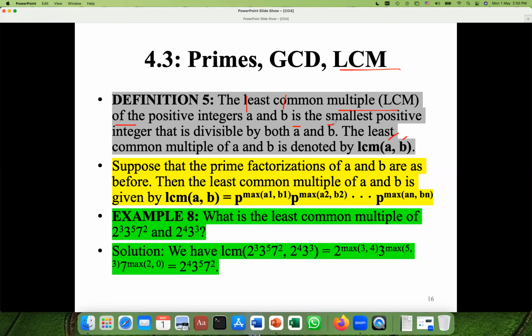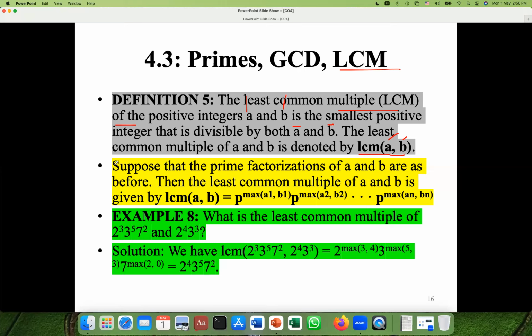You don't divide A by the smallest. You divide that smallest number by A, and then check with B. If A and B both divide that smallest number, then that number is called the LCM. We represent it as LCM(A, B).